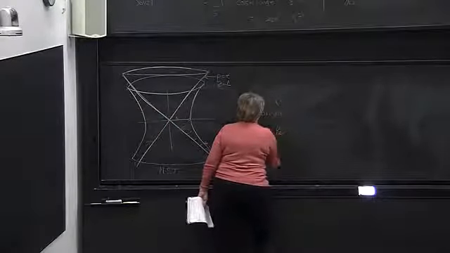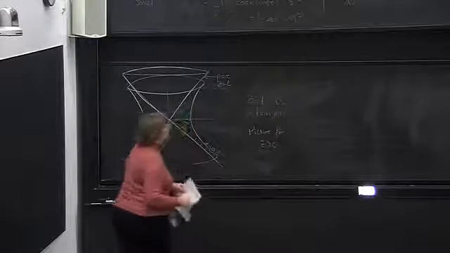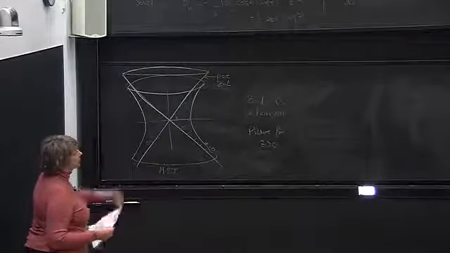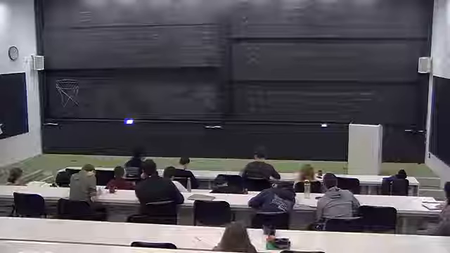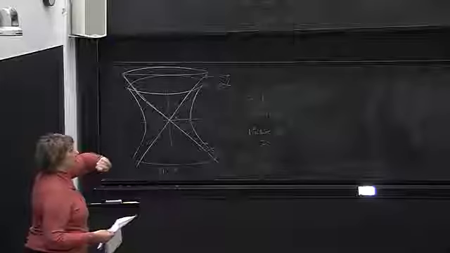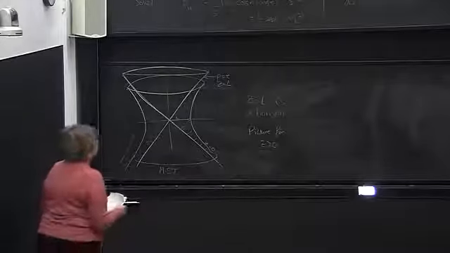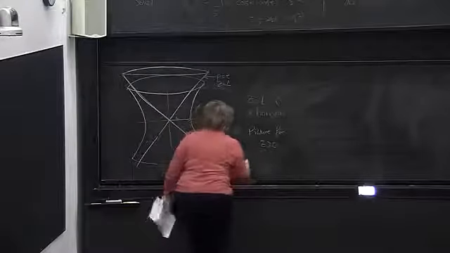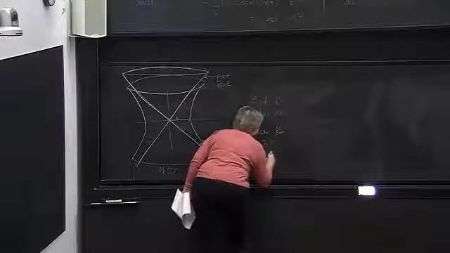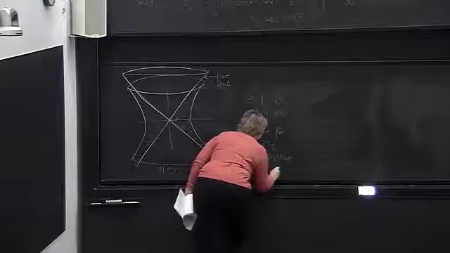for z positive. But in fact, if I look at the picture for z negative, all I would do is flip the sign in that definition of rho and tau, and it would now be L plus z cosh and L plus z sinh, and therefore it's the same picture for z less than 0.